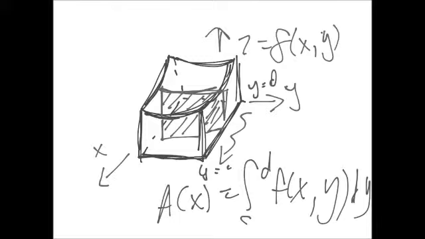So if we have x1 and we integrate with respect to y, and then we have x2 and we integrate with respect to y, we're going to have two different values. It's going to change based on where we start with x: x1, x2, x3, keep on going all the way to xn. Whatever you want to do, it's going to change. And so we have A of x equals the integral from c to d of f of x, y dy.